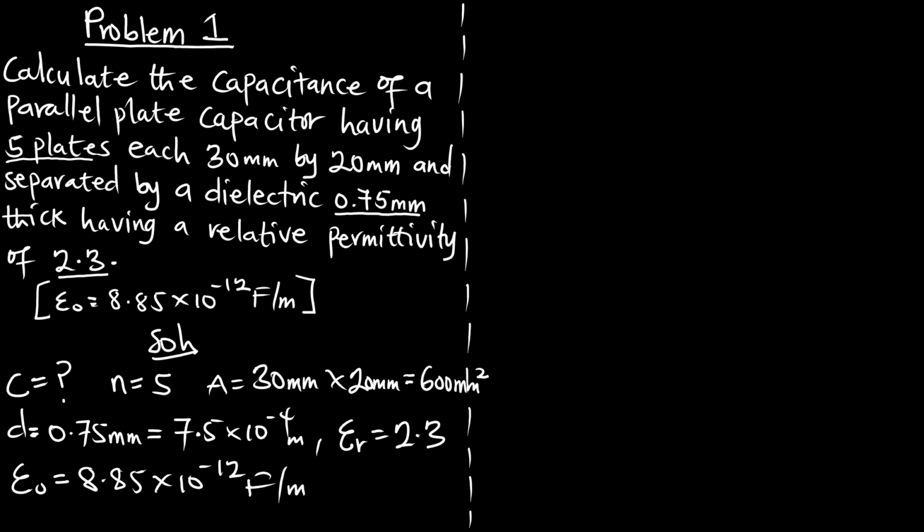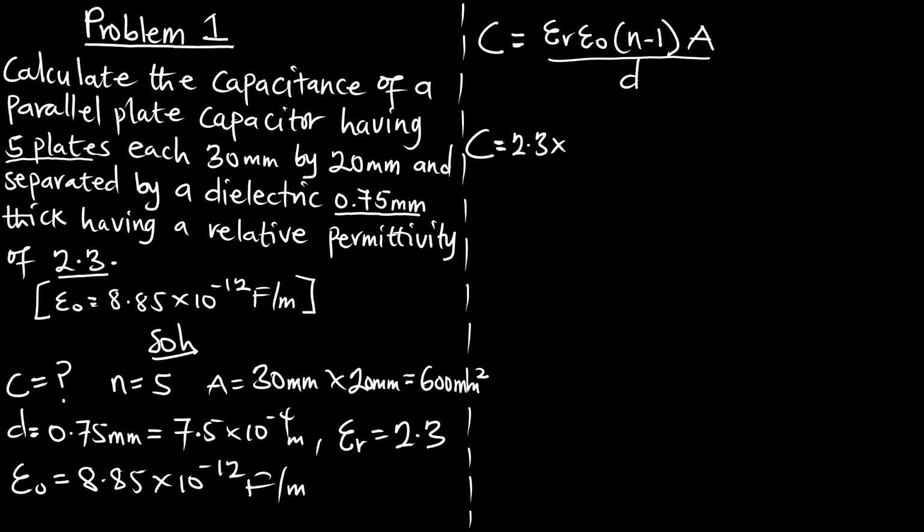Now, with this information given, the capacitance of a parallel plate capacitor with n number of plates can be calculated from this formula. We know our C is equal to the permittivity multiplying n minus 1, and we have our area over the distance between the plates. So with this, we can calculate our C. Let's put in the values. Our relative permittivity is 2.3.